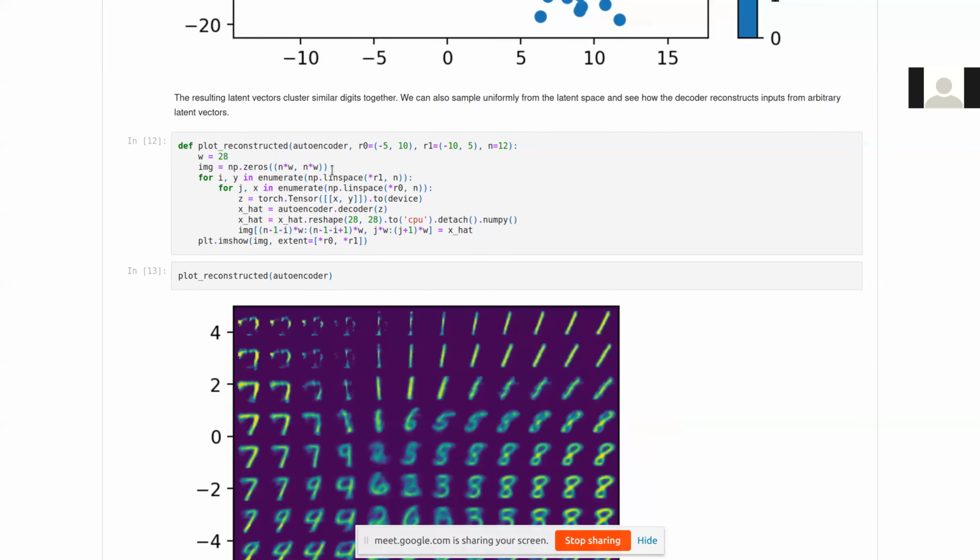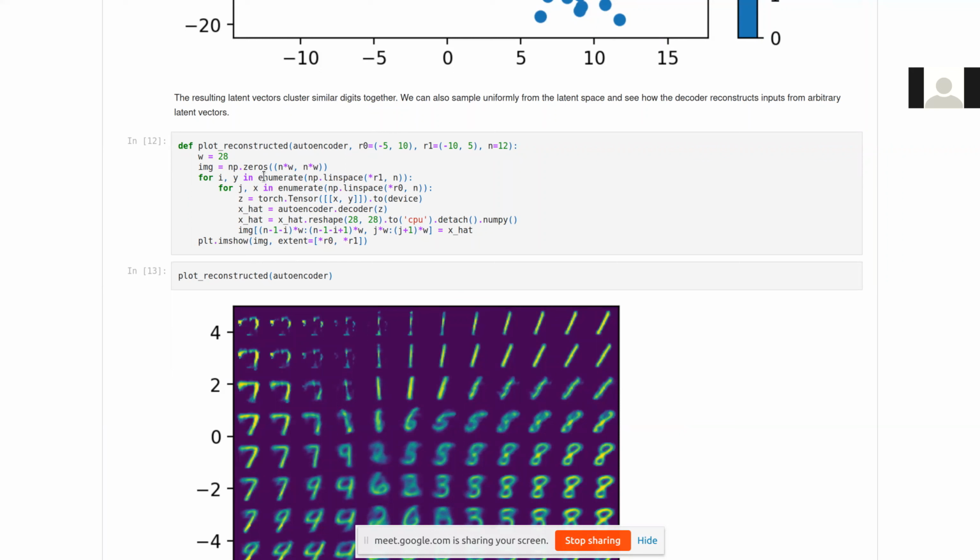This is a 0 image. We take this linspace, that is, the number of images we are trying to generate here is 12. And then we give them as an embedding to the decoder and try to get the X hat.